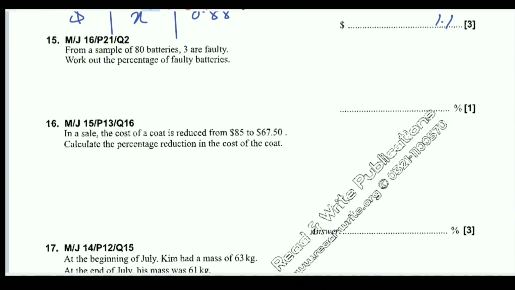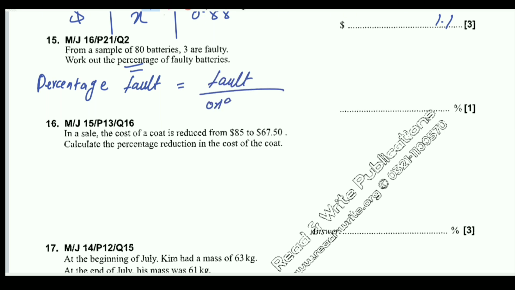From a sample of 80 batteries, 3 are faulty. Work out the percentage of faulty batteries. We have to find it as a percentage. Simply use the percentage formula: percentage equals fault over original multiplied by 100.